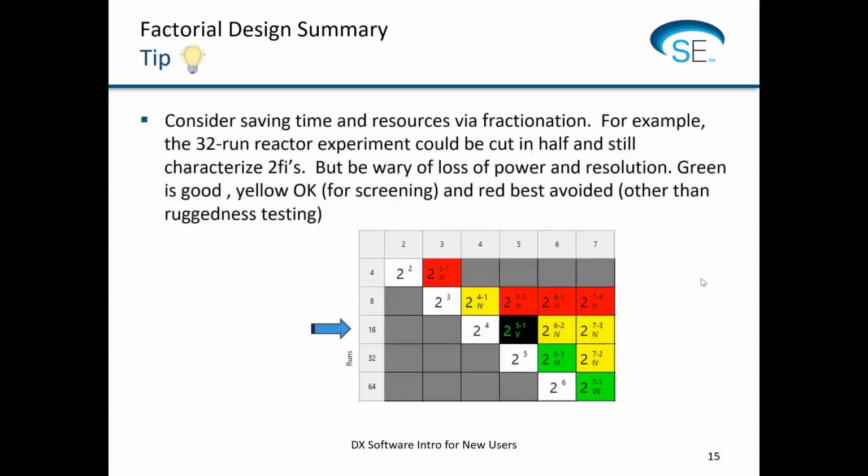Now, a tip here is, in this case, we may very well have been able to go to the 16-run design instead of the 32. It would give us less power because the way you increase power generally is to increase runs. In this case, your power would have been 77%.